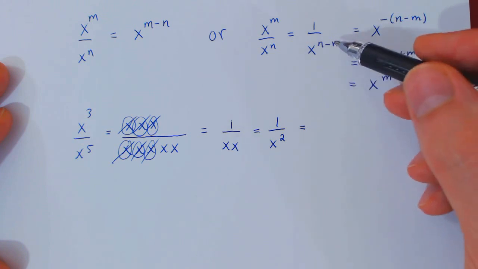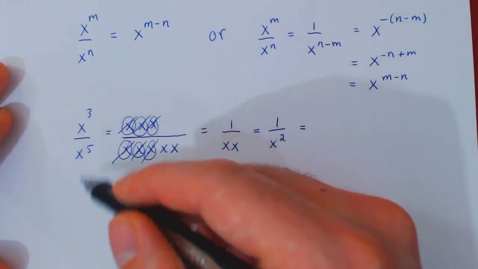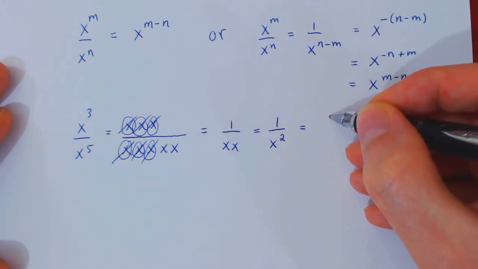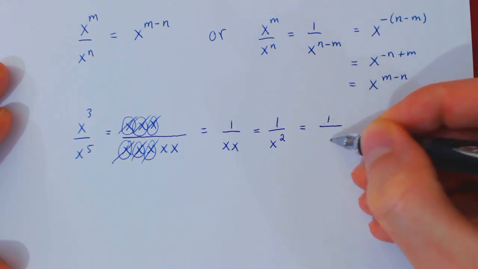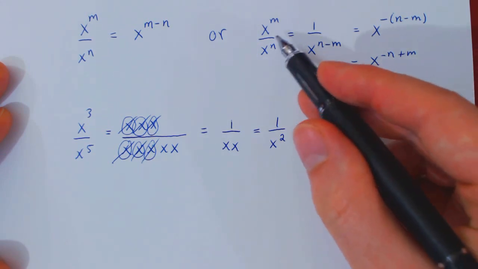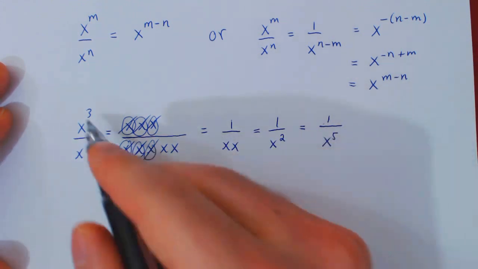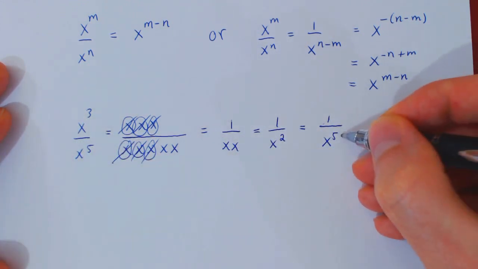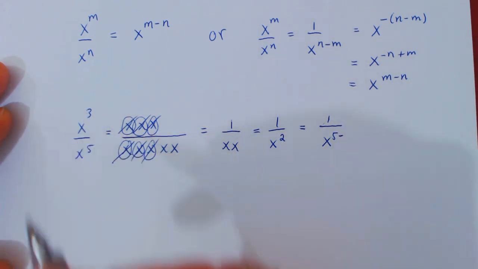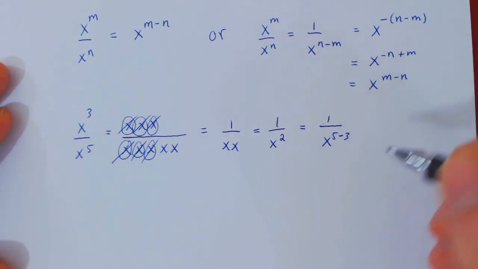Well, using this rule. If you have a quotient of two powers of x, and you want to keep x on the denominator, the power on the bottom stays there, so the 5 stays there, and then you subtract the power from the numerator, and of course 5 minus 3 is 2.